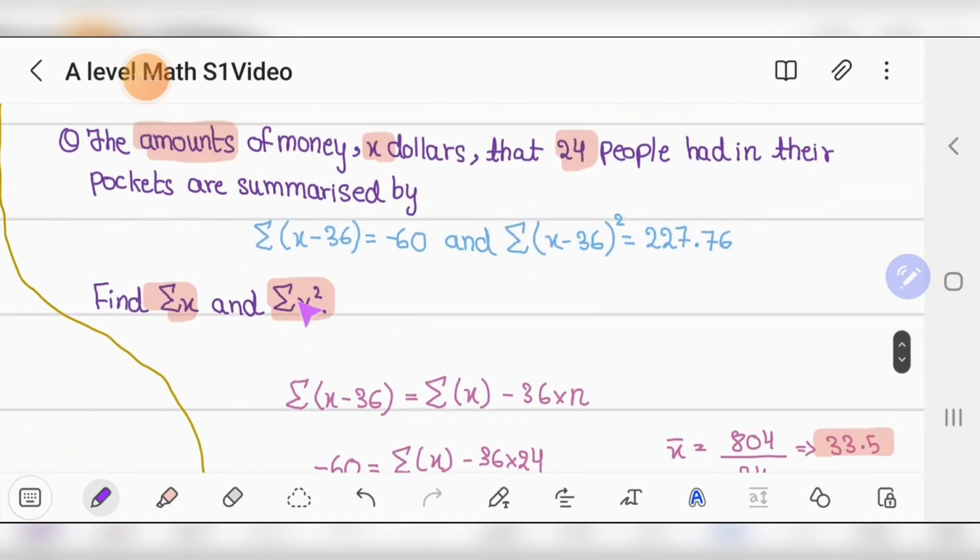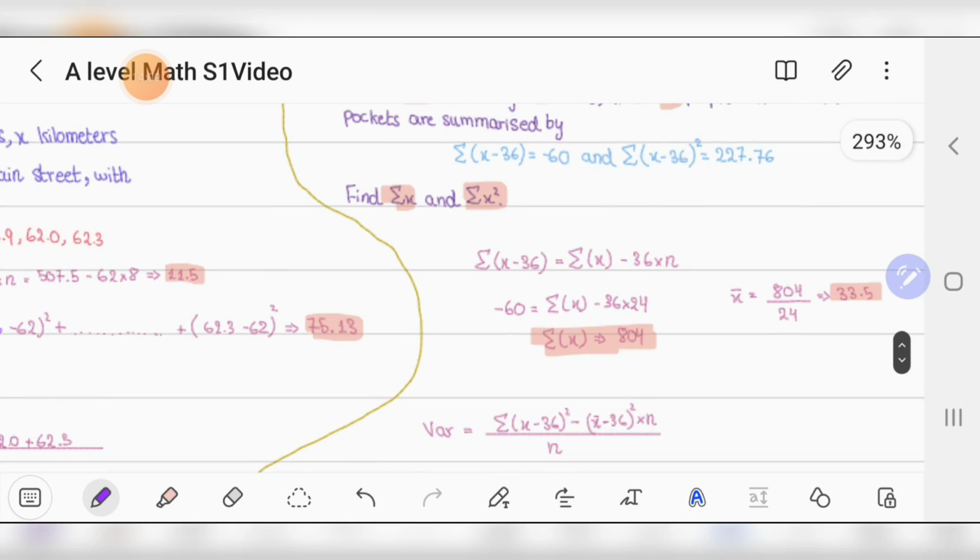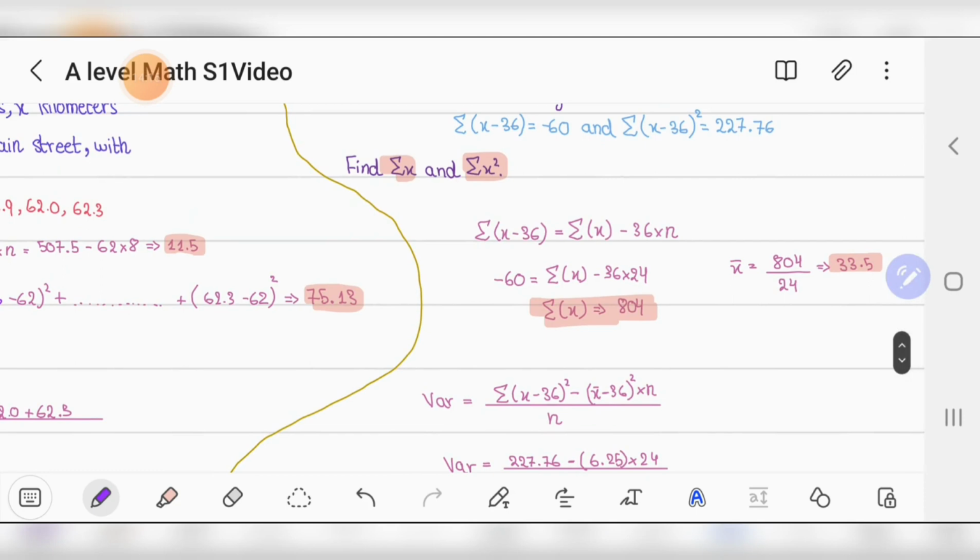Now we need to find this. We can use the standard deviation formula, right, in order to find this, or you could just use the variance or standard deviation formula. So first of all, we're going to find the mean of this. The question is really a bit tricky. We need to calculate this, and we got this, right? So in order to calculate this, we're just going to use the variance formula.